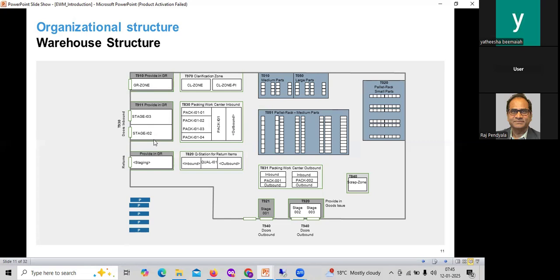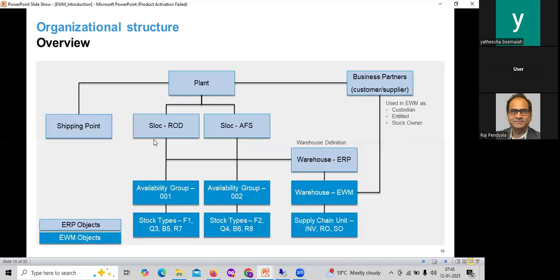Then in the ERP system, the stock will update on the ROD location. ROD means receive on dock. We received the stock from the external supplier and did the goods receipt in EWM, but the stock is currently lying in the GR zone, so it is not completely available for sale.